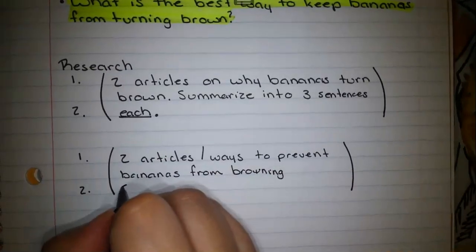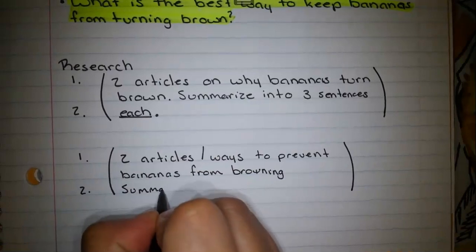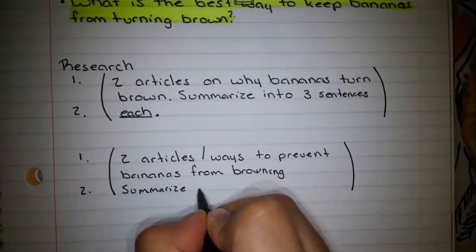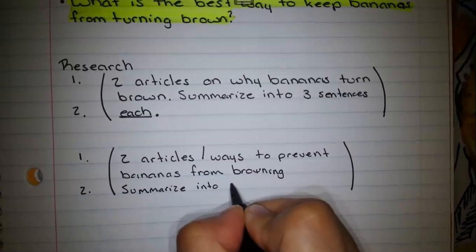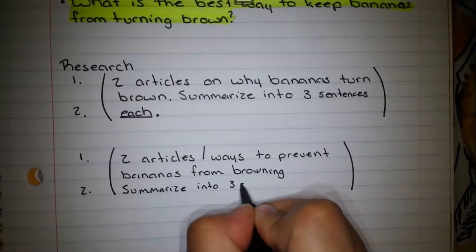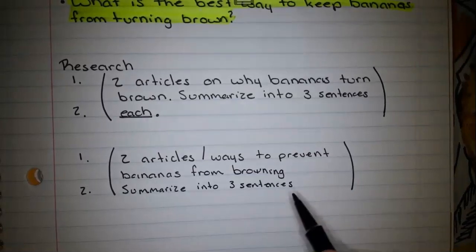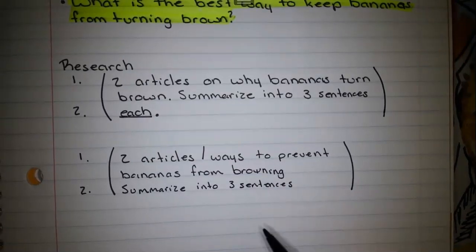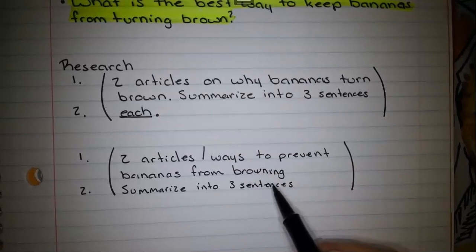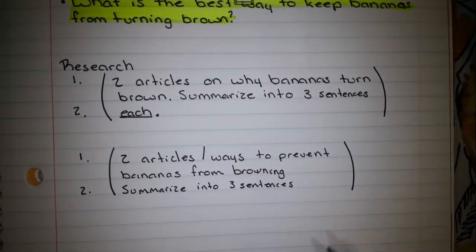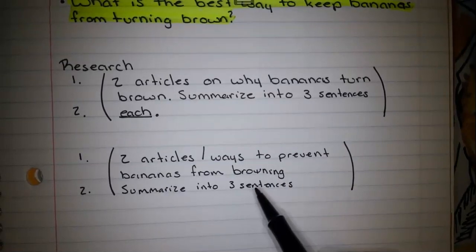Again, you're going to summarize into 3 sentences. Now, if that article talks about 3 different ways, then there you have your 3 sentences. If that article only talks about 1 way, then you're going to have to describe more on that 1 way.